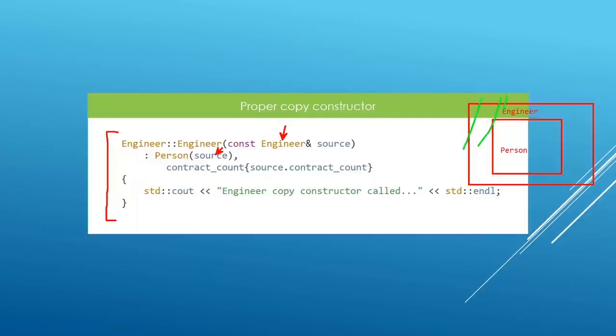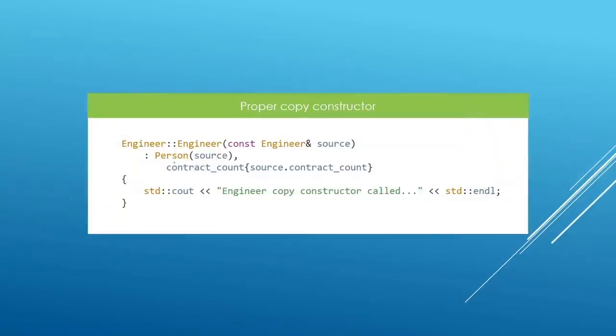It is going to strip off all this engineer part, if I can describe it like this. We're going to strip off all this engineer part that we have in our engineer object, and we will be just left with the person part that we pass then to initialize our person object. And this is really smart, and it is going to work.